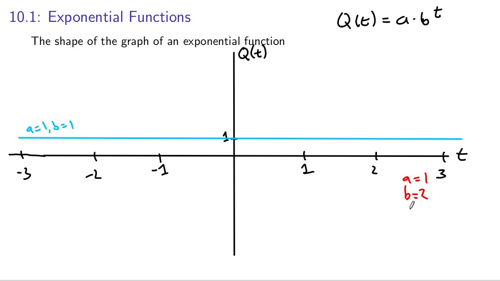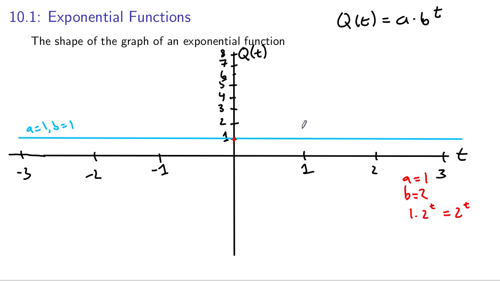That gives us 1 times 2 to the T. Okay? So 1 times 2 to the T is just 2 to the T. So 2 to the 0 is 1. 2 to the first power is 2. Let's draw some more tick marks on our axis here, 2, 3, 4, 5, 6.